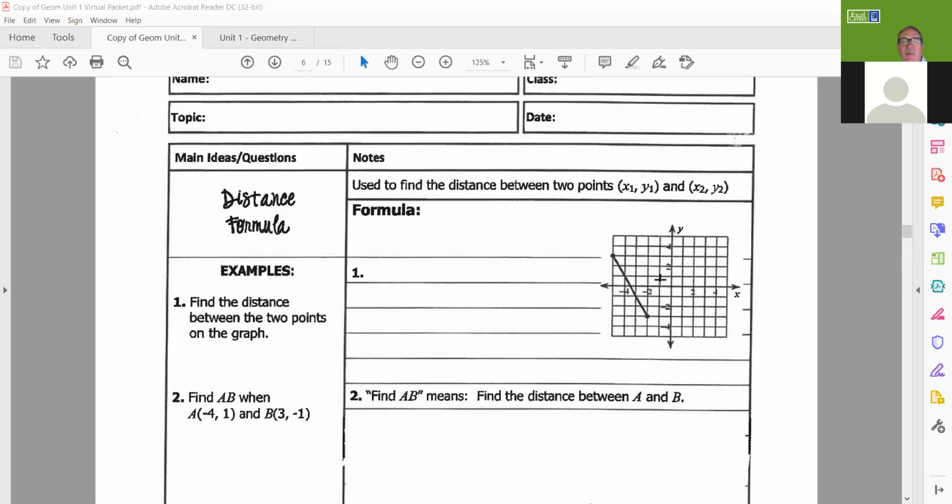And I'm going to show you in a minute how this specific problem can be solved either of those two ways and why we have to use the distance formula to calculate the distance of this angle on the graph.